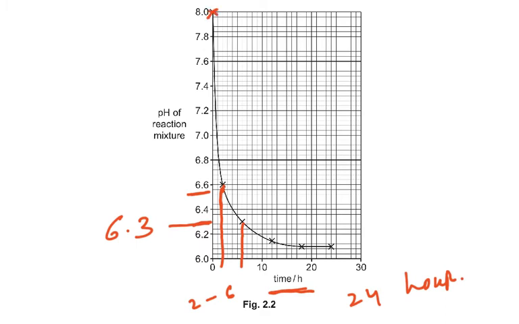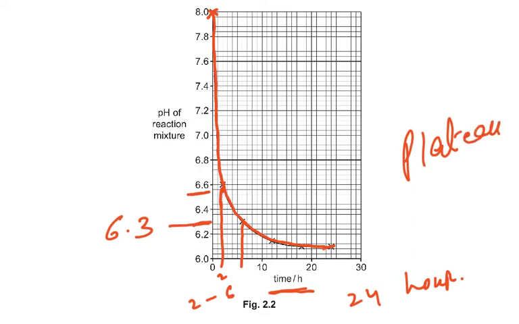It was 8 here and then it has decreased and it's really coming down very fast and it's come to 6.6 in the first 2 hours, and then it has gradually decreased, and then it is leveling out. When it levels out, we say plateau.